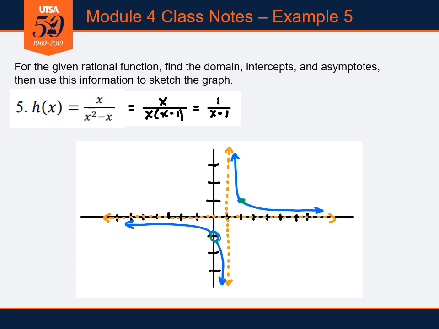From that hole, we curve toward both the vertical and horizontal asymptotes. And from that additional point (2, 1), we also curve toward the horizontal and vertical asymptotes. And so we've got just enough information to give a sketch of the curve of the graph of this function.